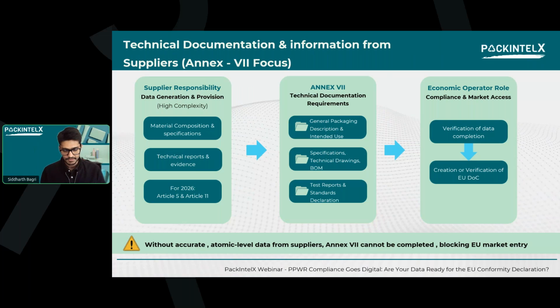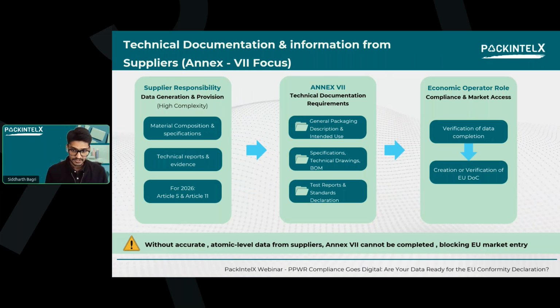Once this basic data is available, so column number 1 is available, then the next part is following Annex 7, which is the technical documentation. That's where the general description of packaging is required, the intended use, let's say food contact, non-food contact, single use, reusable packaging, what are the types, that is the application.